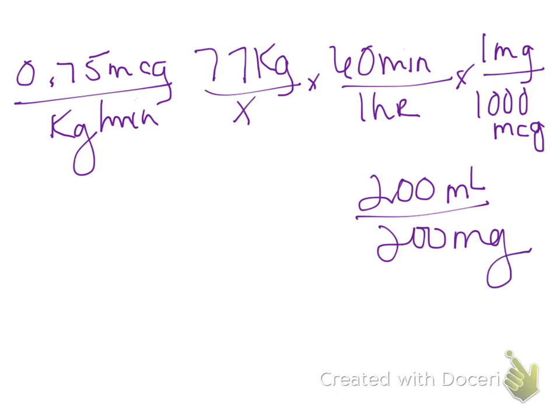Okay, so now you see why I didn't put the 200 mLs over the milligrams first. I waited to put that in because I wasn't really sure where to put it.